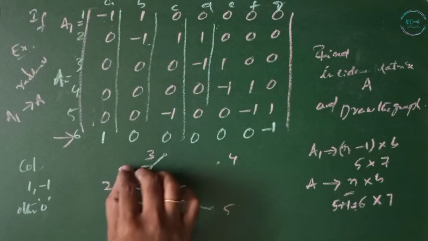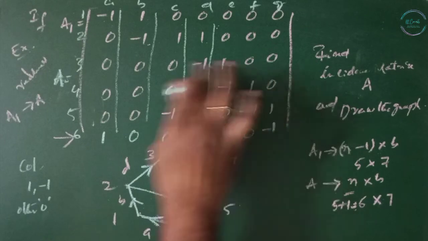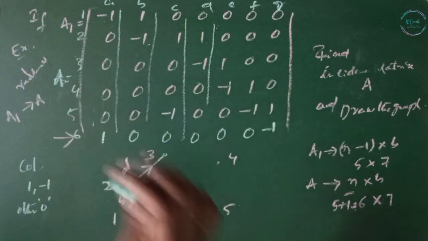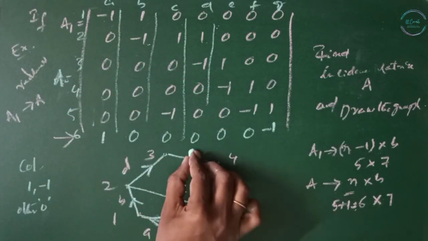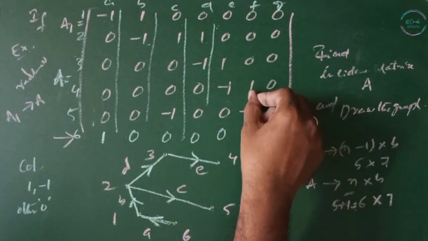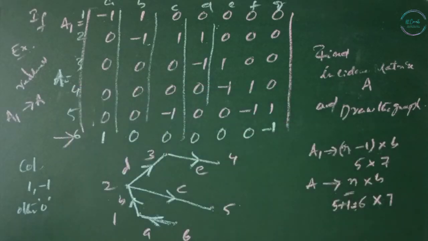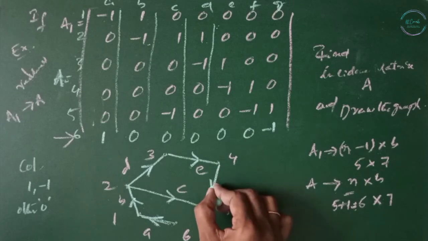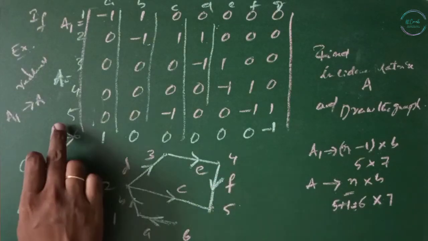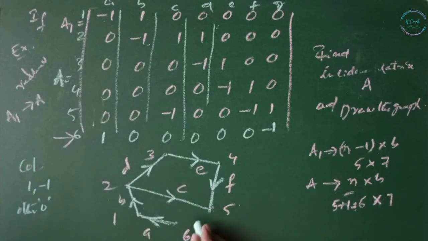E is going away from 3 and coming to 4. F is going away from 4 coming to 5. G is going away from 5 coming to 6. So this is our graph.